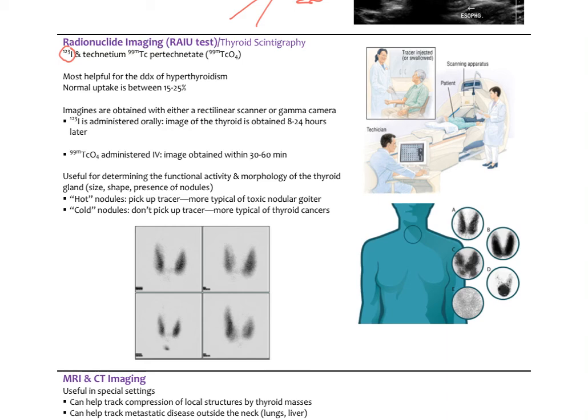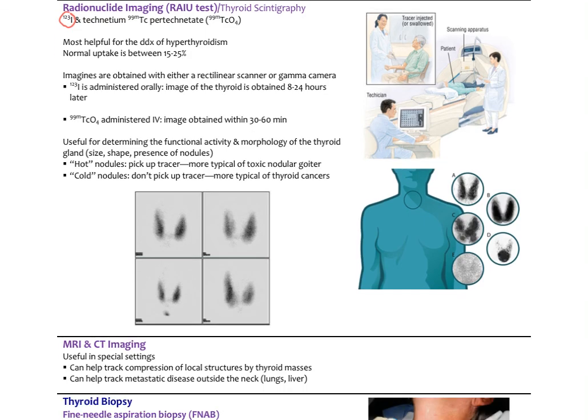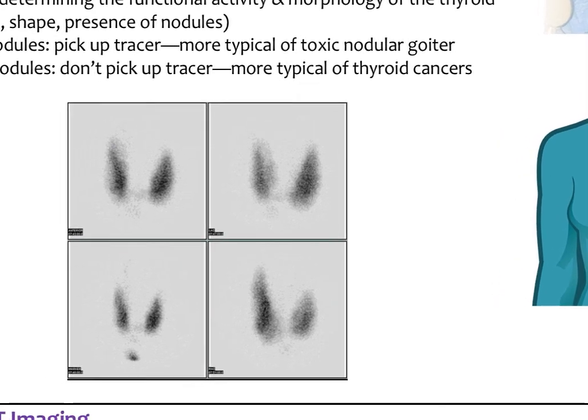Basically, this is injected intravenously, and then the thyroid will concentrate that iodine 123, and then we can use a special gamma camera to take pictures of the thyroid and see how the thyroid concentrated that isotope. So here are some pictures of different RAIU scans.